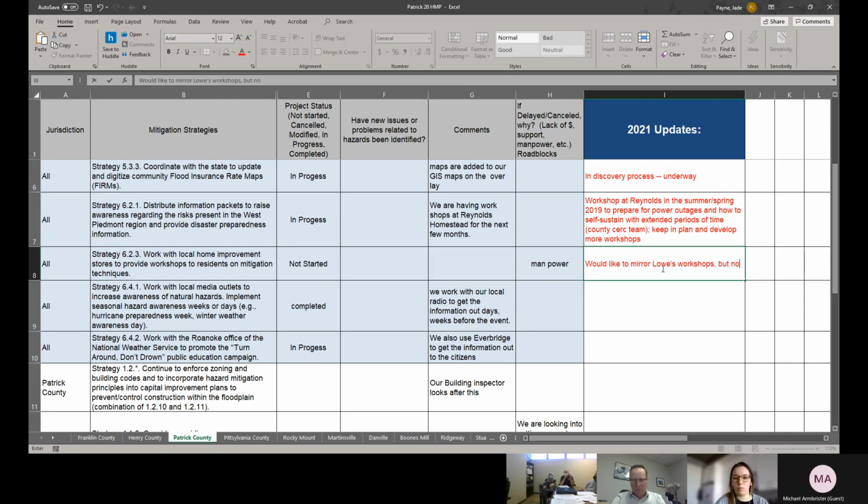We just have local owned stores, and it's just the manpower to be able to do those workshops. All right. So I think we can probably just explain that in the disposition column and probably take that one out.